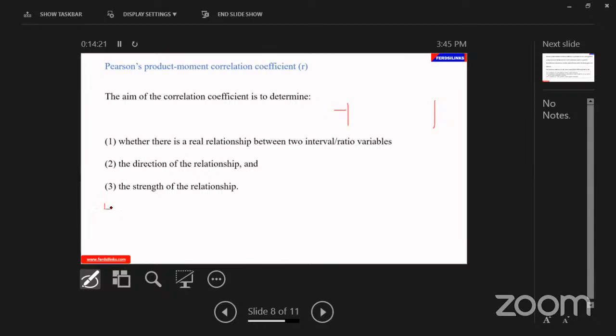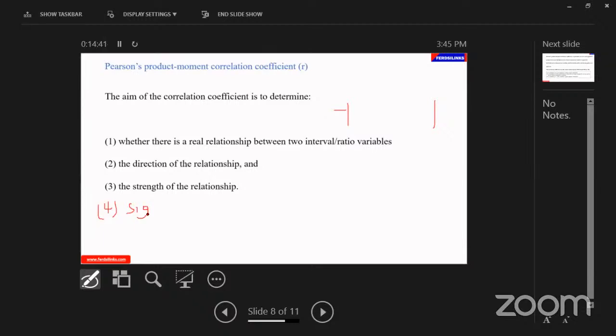The fourth thing now is whether this relationship is significant or not. So first, we establish whether there exists a relationship. Two, we give the direction of the relationship.